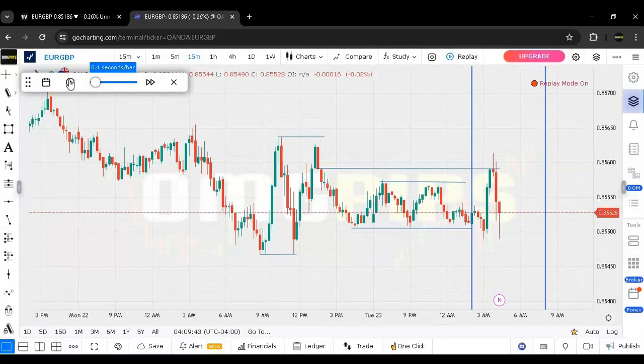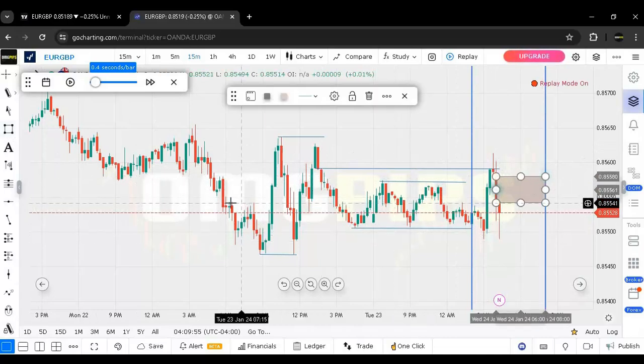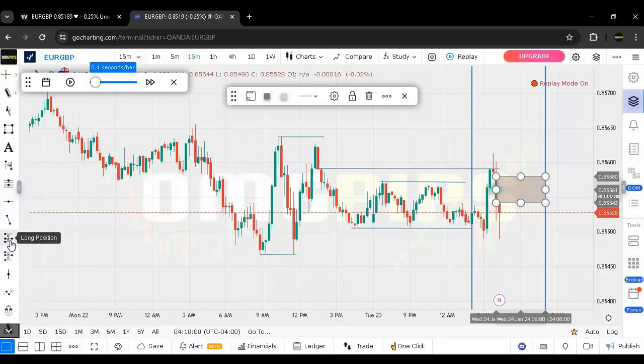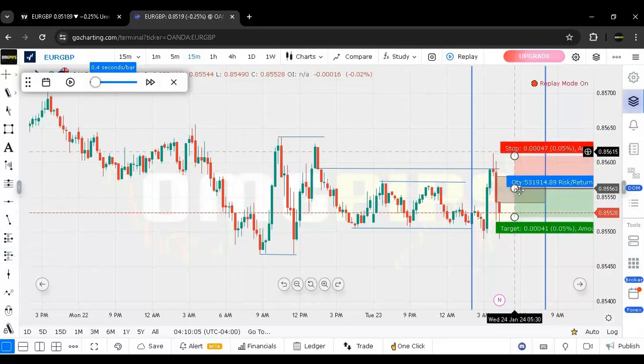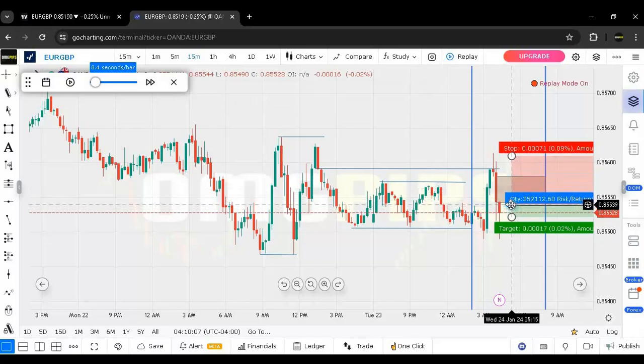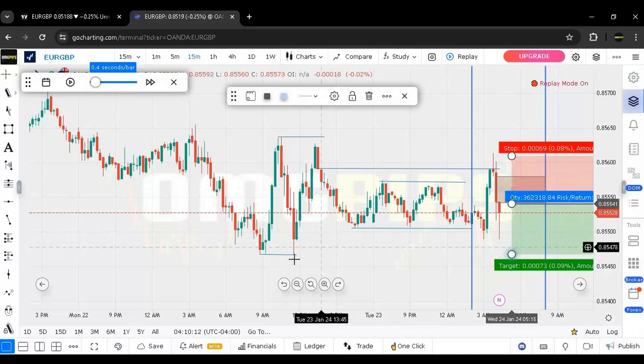Right, so as you can see, once it has started moving to the downside, we have this fair value gap, which is a great entry for us to short on, and we would put our stop loss right here above this high, put our entry right there, and put our TP below these lows.